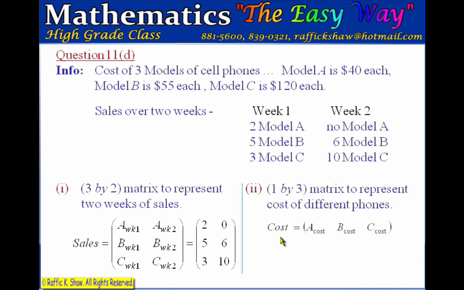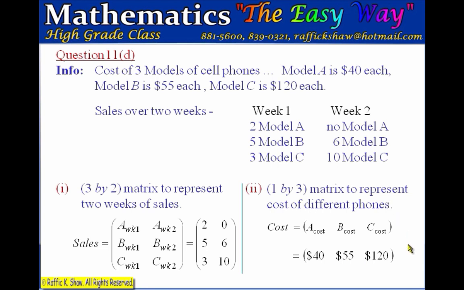Therefore the cost matrix would look like this: cost of A, cost of B, and the cost of C. 1 line of cost, 3 different phones. And so this is our cost matrix: $40 each for the A phone, $55 each for the B phone, and $120 each for the C phone. This is our 1x3 matrix representing the cost of the phones.